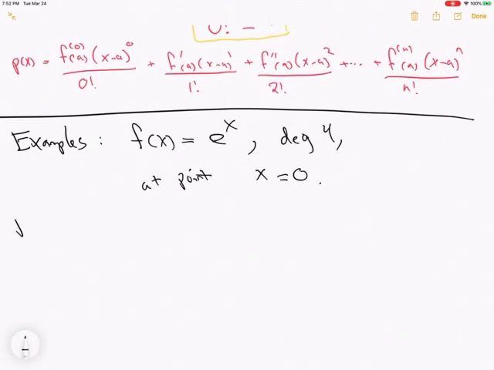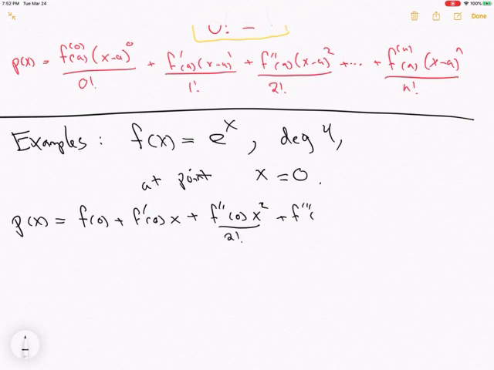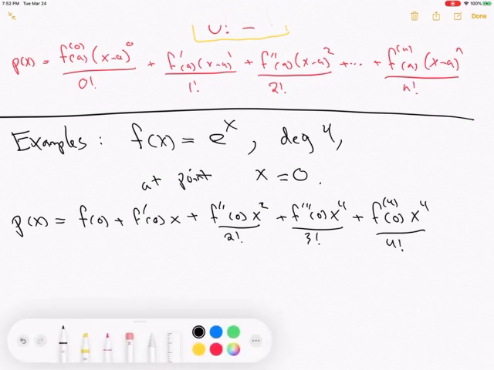The formula says that p of x will be f of 0 plus f prime at 0 times x minus 0, which is just x, plus f double prime at 0 times x minus 0 squared, which is just x squared, over 2 factorial, plus f triple prime at 0 times x to the 3rd power, divided by 3 factorial, plus f, and now I've got to use the proper notation, and I made a mistake writing and speaking.